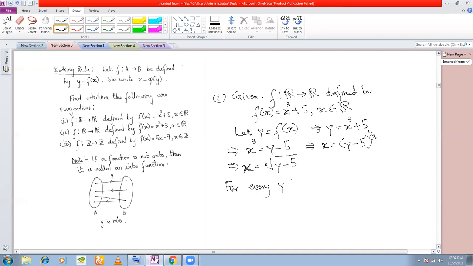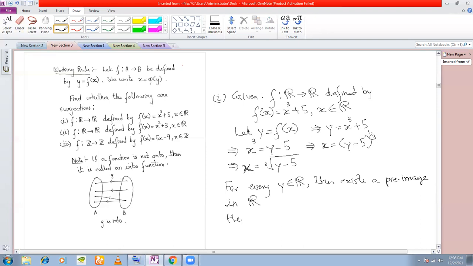y belongs to R, there exists a pre-image in R, right?